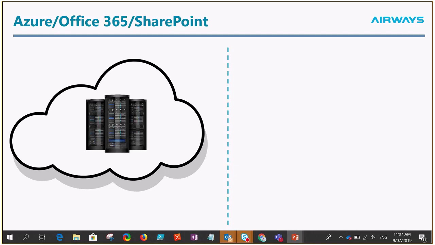This model of having infrastructure up in the cloud is called infrastructure as a service. You're just using the infrastructure and you are not concerned about how to secure it, how to upgrade it, or how to add firmware to these servers. That's all being managed by Microsoft for you. So this is Microsoft Azure.